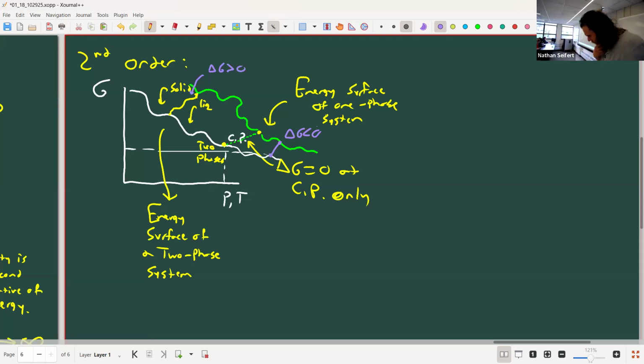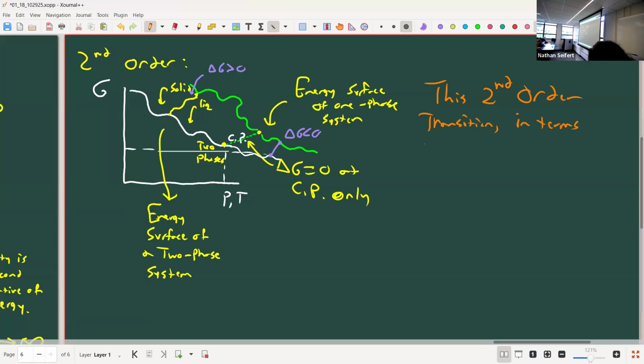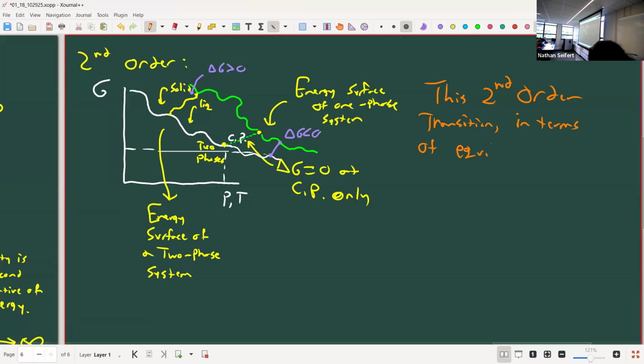And so what I want to show you at the end is two examples of this. Okay? One of the driving points of this is that this transition, in terms of equilibrium properties, is drama-free, right?